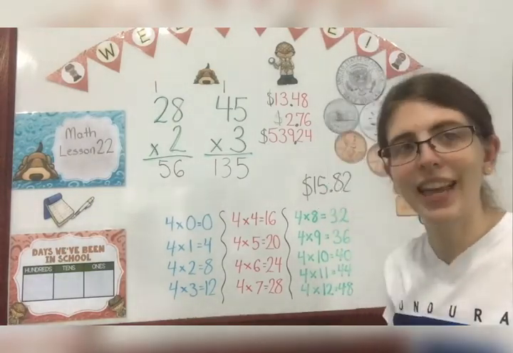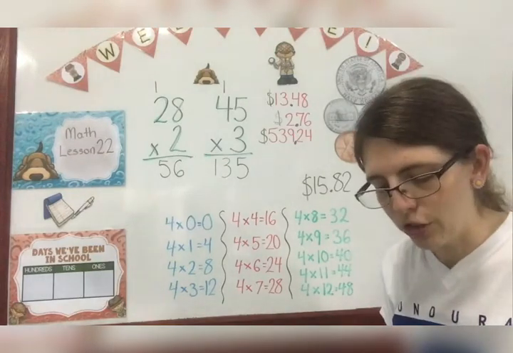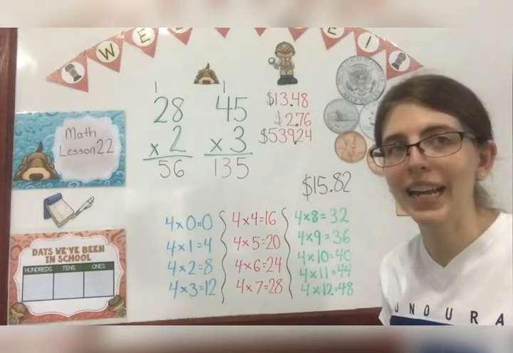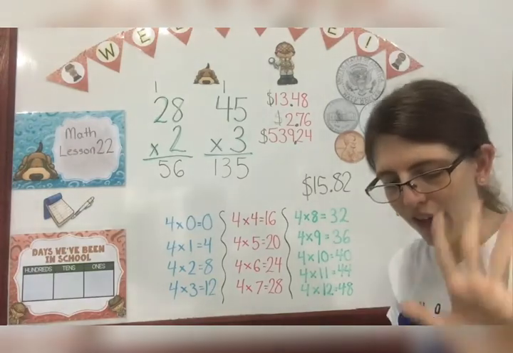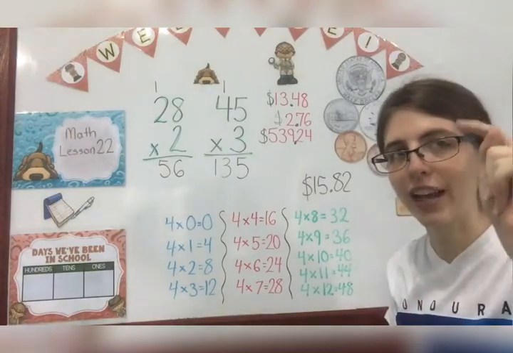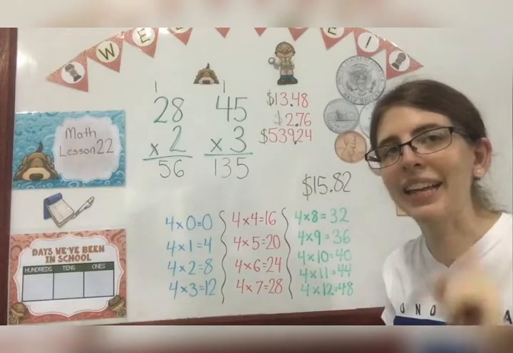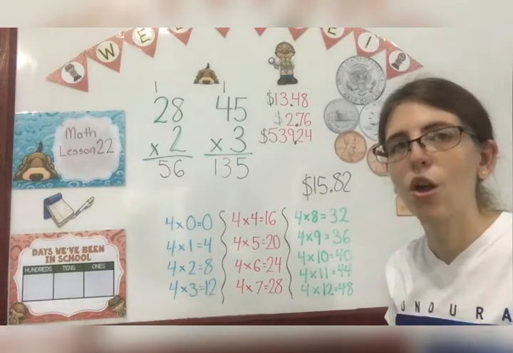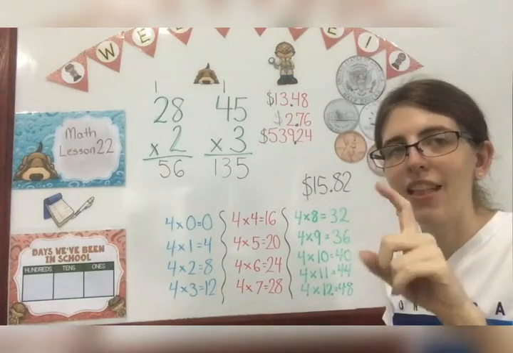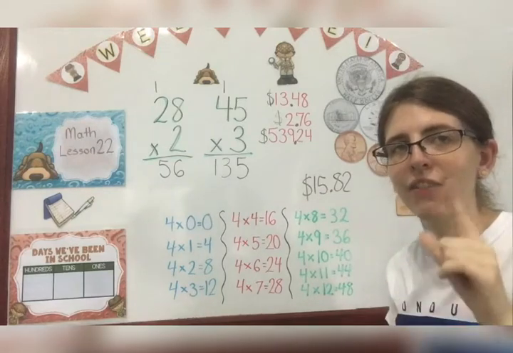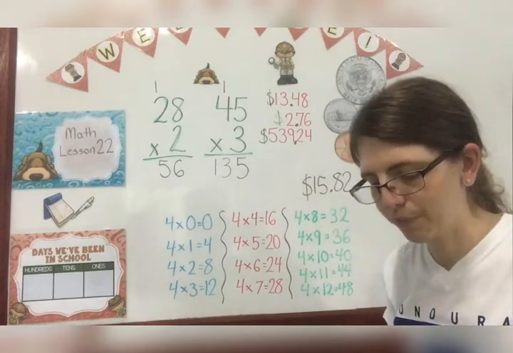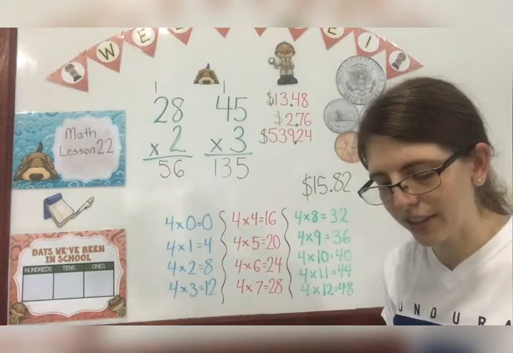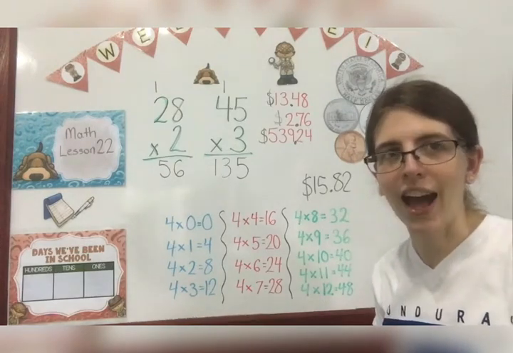Number 6 says write the time. Don't forget, you count your minutes by 5s, and then start counting by 1s if your minute hand is in between your numbers. So count by 5s, then start counting by 1s if it's in between 2 numbers. Number 7, set the clocks. 5:30.